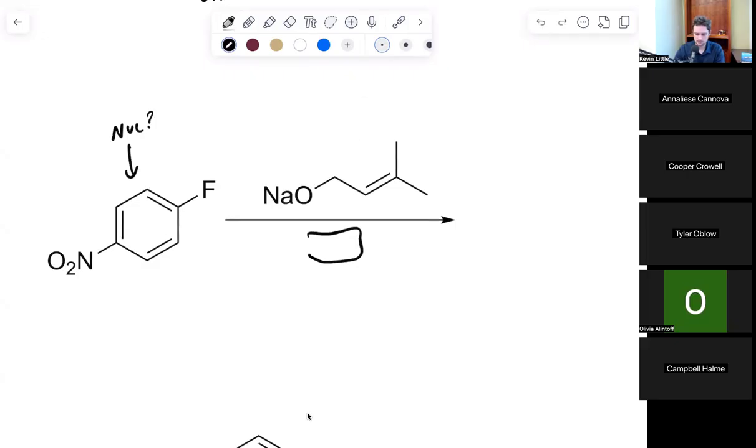One, I don't see a Lewis acid anywhere. But then I've got a sodium. I'm going to draw the ionic bond. No, that doesn't look like an electrophile to me. What does that look like? A base. Looks like a base. Looks like a nucleophile. Looks like something that wants to give electrons away.